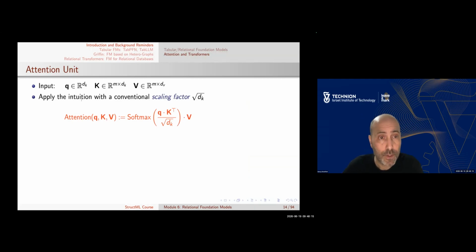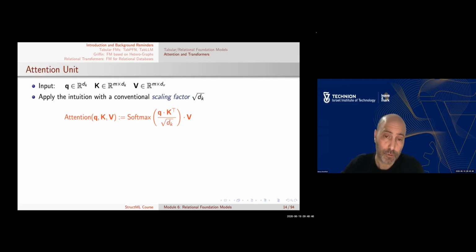We have our query Q, of the dimension of the keys. We have the keys of the experts, and we have the values of the experts, and now we would like to take a weighted average of the values using the keys and the queries.